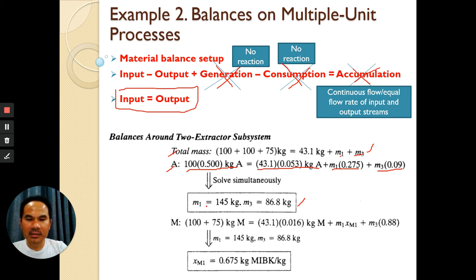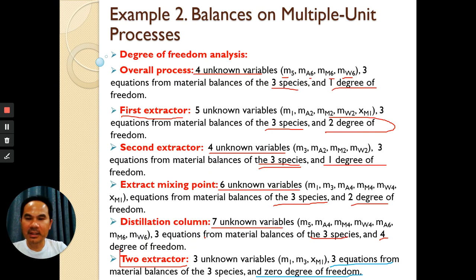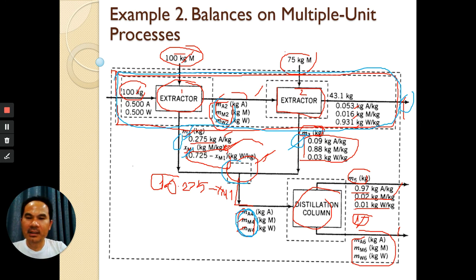And then you can balance on M. If you balance on M, you also multiply by XM1. For the M balance, M input is 100, and M input is 75. Is 100 plus 75.